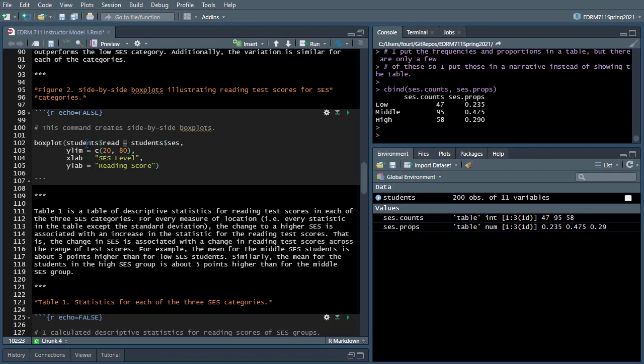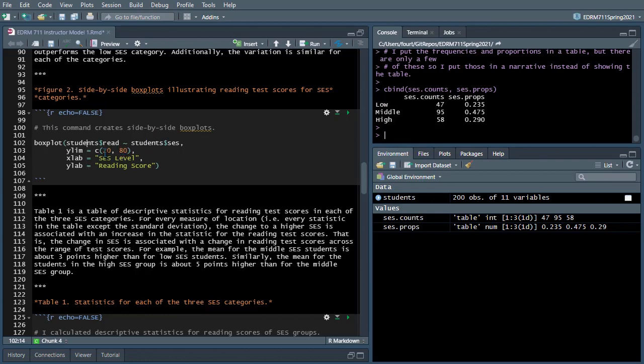So here we have students in the data set. We're going to take the reading variable as a function of the SES in the students data set. That is, we want to look at reading to see how that is related to or a function of SES.